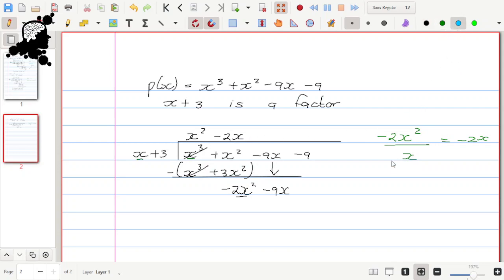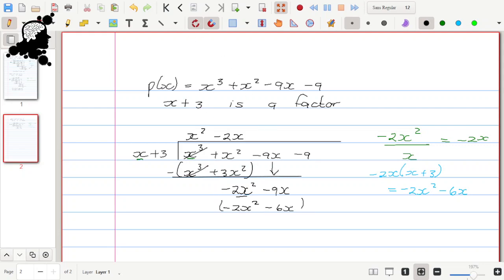The next step is we take the negative 2x and we multiply it with our factor. This is going to give us negative 2x squared minus 6x. And we write that right underneath, negative 2x squared minus 6x.